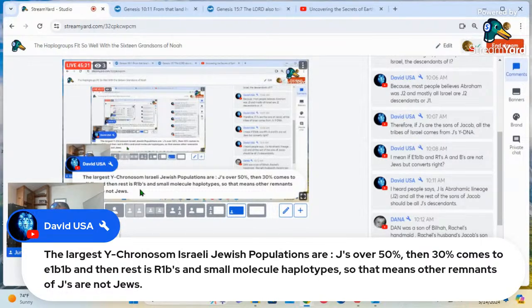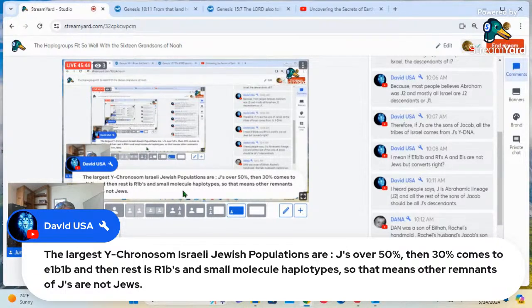You want to know what's Judaic? Probably J2 is Judaic and Israelite, but especially the M172 lineage is Judaic, because it's probably the house of David and Solomon.